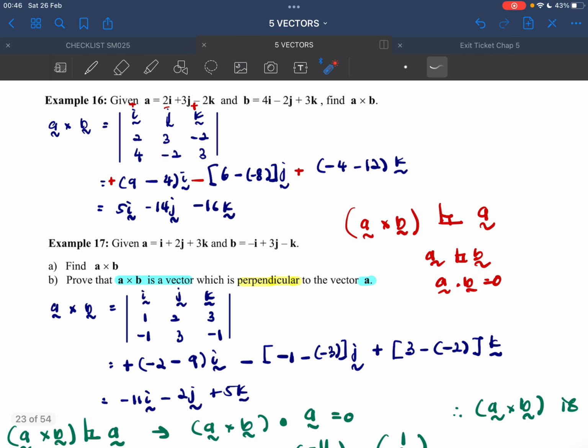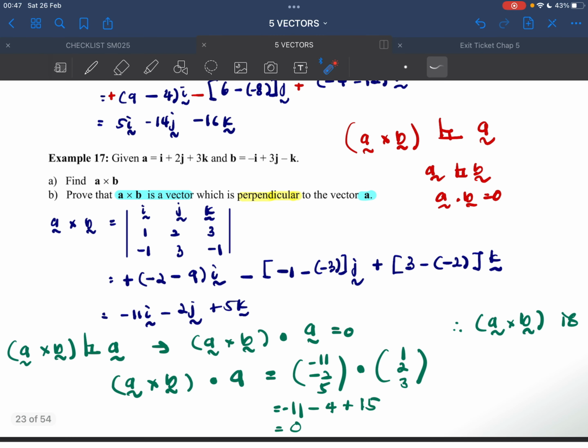You cannot simply reverse it, putting B first and A second. If the question says A cross B, with A first and B second, you cannot simply put B, A here. If B, A, that means you should put B cross A, because the answer will be negative.